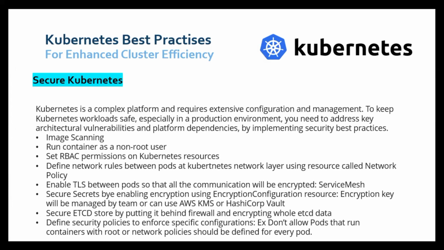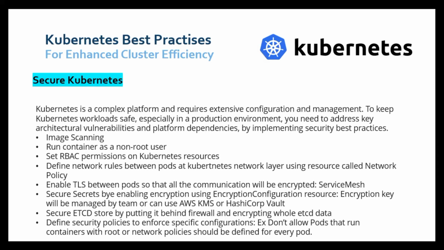So we should enable TLS between pods, so all the communication will be encrypted. Here we can use a service mesh to enable TLS communication between all the pods. Also, we can have observability there. This can be another topic for coming videos, that is service mesh.